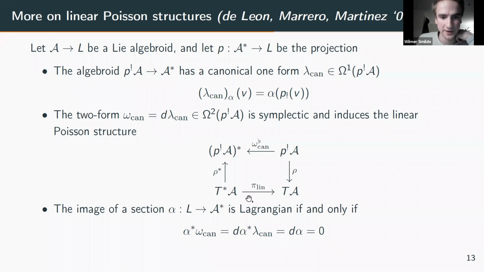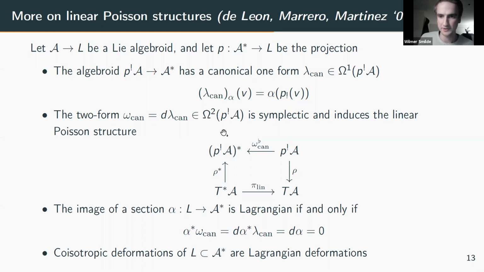And now we can describe the Lagrangian deformations of L, namely the image of a section of A star is Lagrangian if and only if it's closed as an algebroid form. And now you need one more thing, namely that the coisotropic deformations of the zero section in A star, in this case, are always Lagrangian.